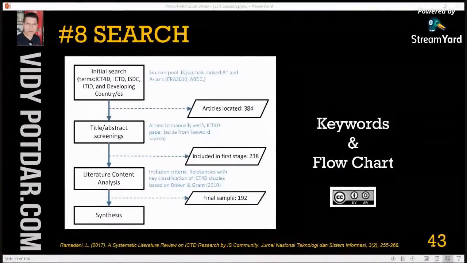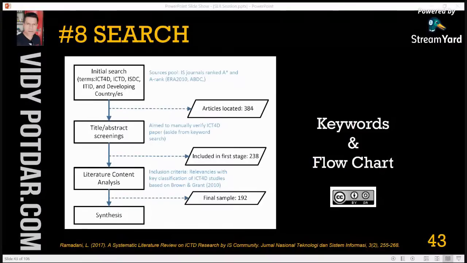Okay, so let's have a look at this example. It's a very simple example, but it shows the process followed for selecting the papers. So the initial search was with these terms that got 384 articles.